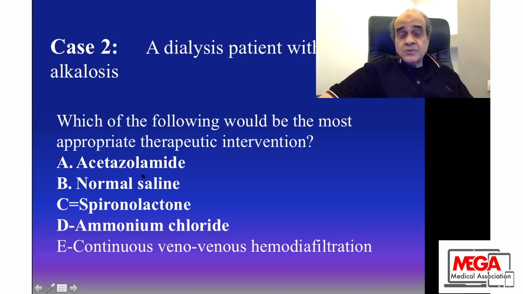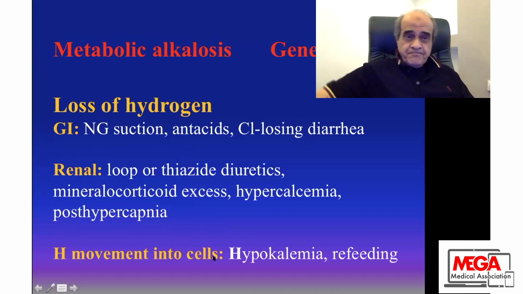I can't use normal saline because the patient will become hypervolemic. Spironolactone, we can use in patients exhibiting good renal function. So the only solution here is either HCl, which is not mentioned here, or continuous venous hemodiafiltration. This is the only treatment modality to be taken.